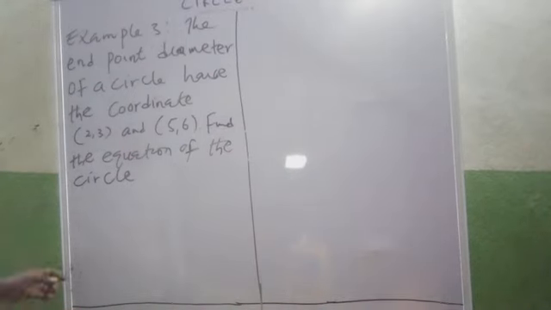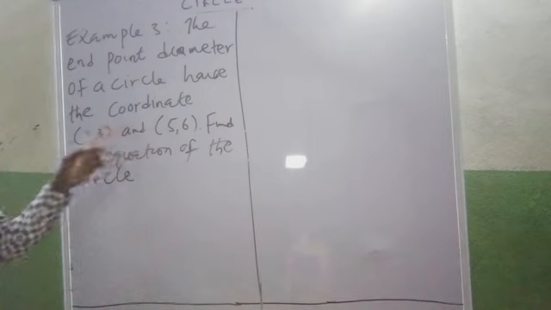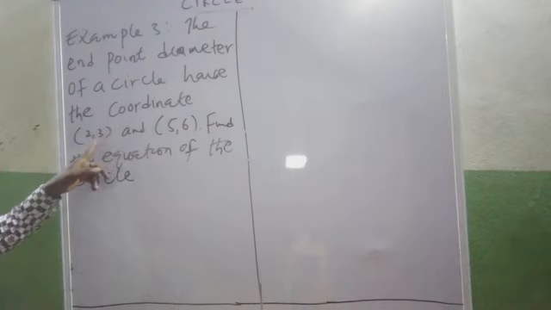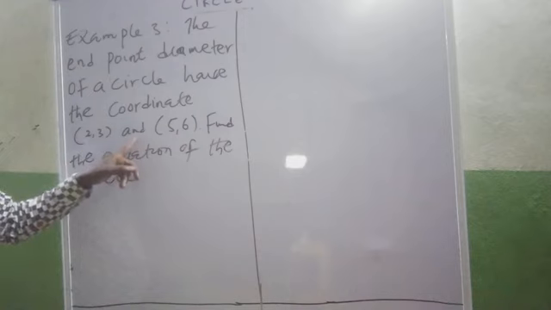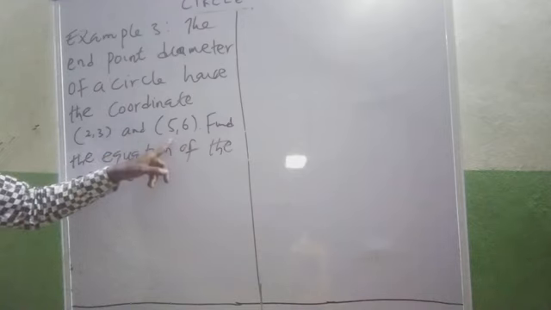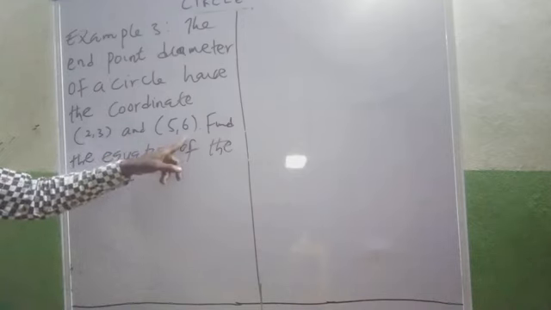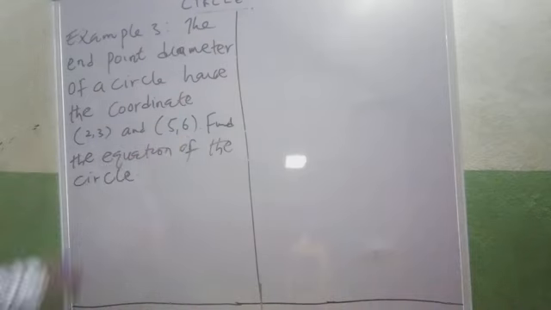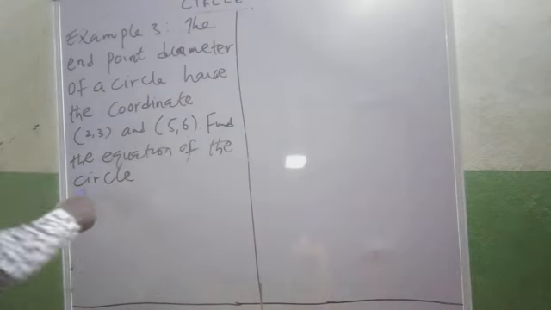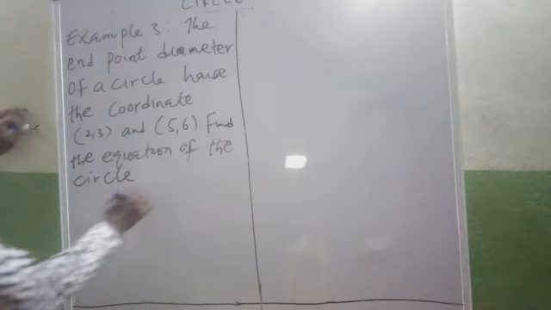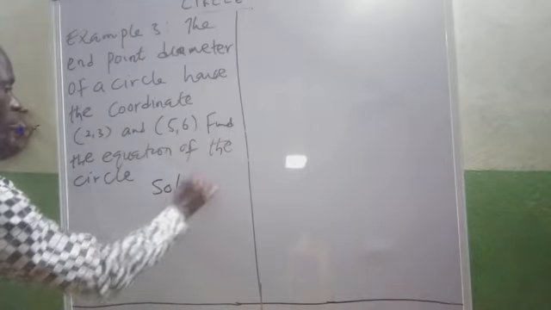Now, example 3. The endpoints of the diameter of a circle have coordinates (2, 3) and (5, -6). We are asked to find the equation of the circle. Solution.